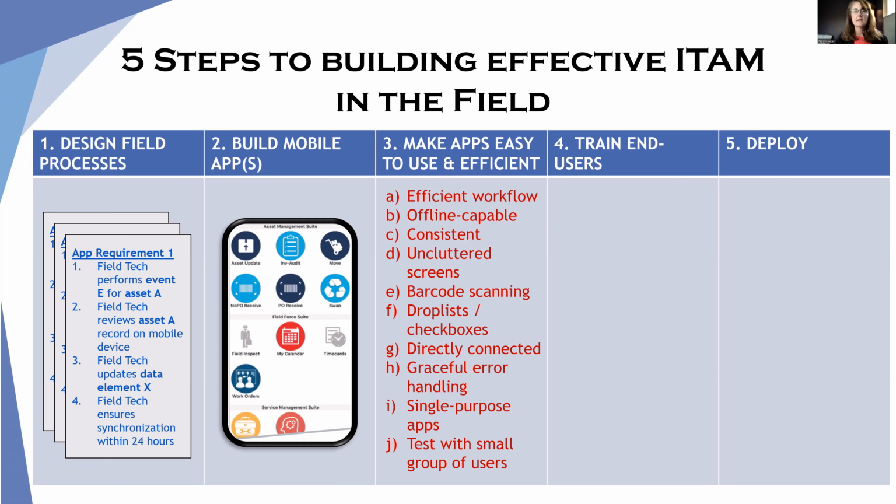Do I have to wait until I can reconnect? What should I do? Using as little text entry as possible. So using drop lists and checkboxes, etc. So the two keys for user adoption in terms of application functionality is ease of use and efficiency.